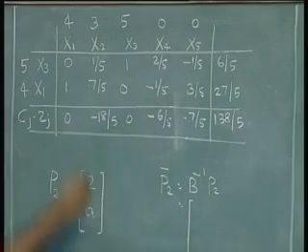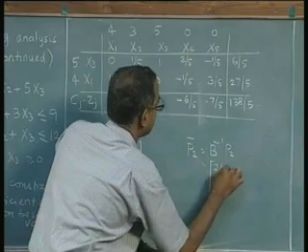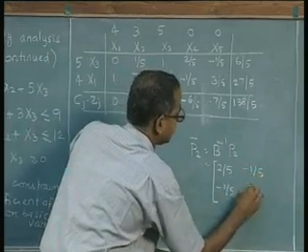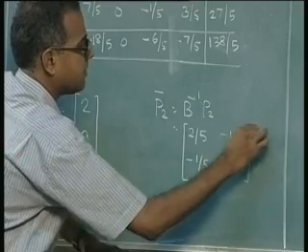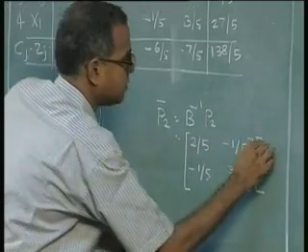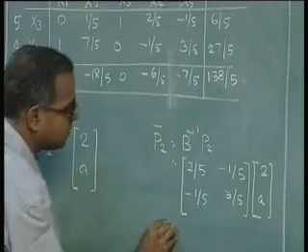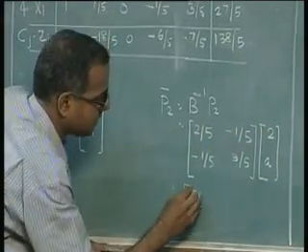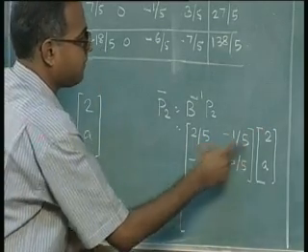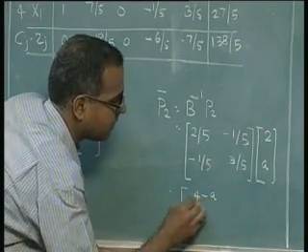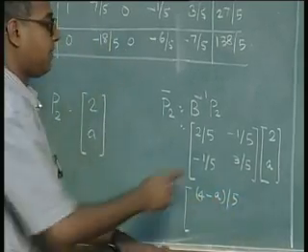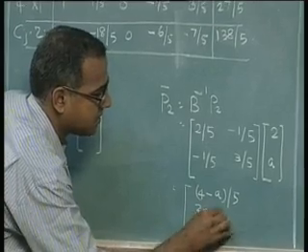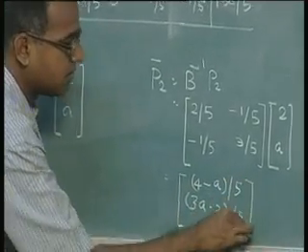B inverse can be read from the table, so we get 2 by 5, minus 1 by 5, minus 1 by 5, 3 by 5 into 2, a, which will give us 4 minus a by 5, and minus 2 by 5 plus 3 by 5 a. So, 3a minus 2 by 5.